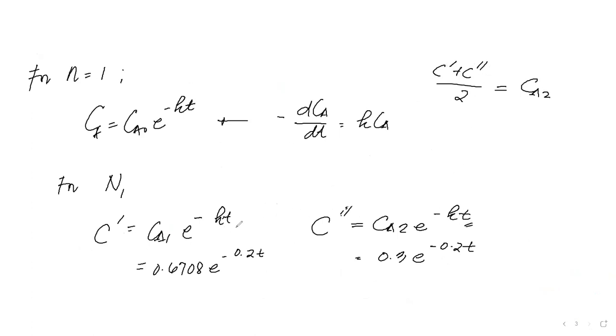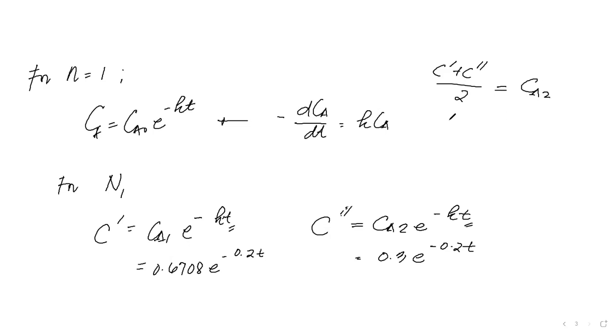So that's the time that we are asking. When will the two reactors, separately processing the partially converted mixture inside them, stop operating? When the average of their concentration is equal to 0.3.